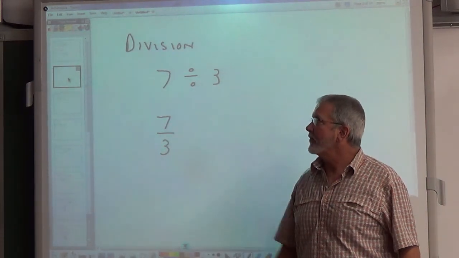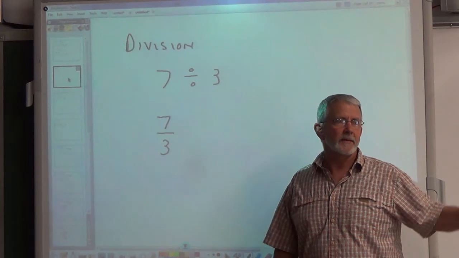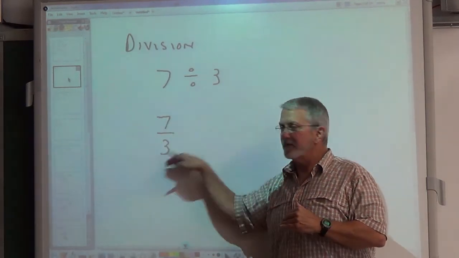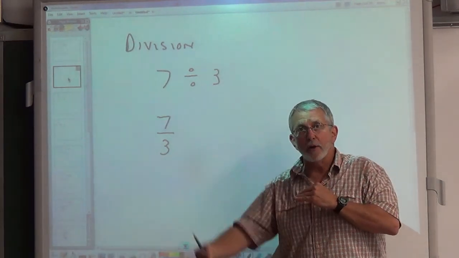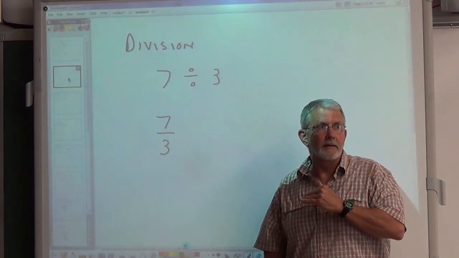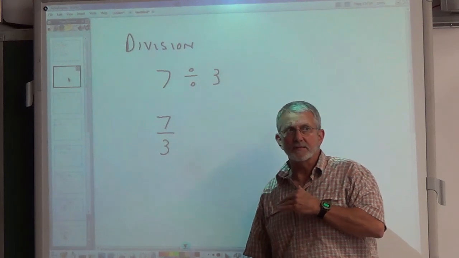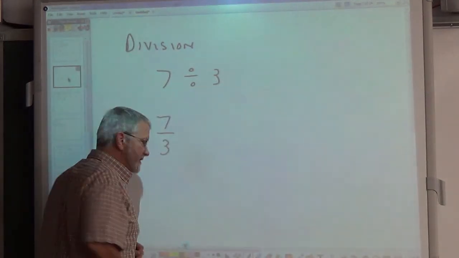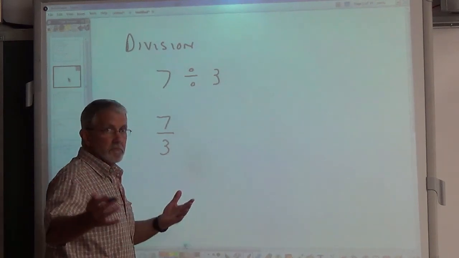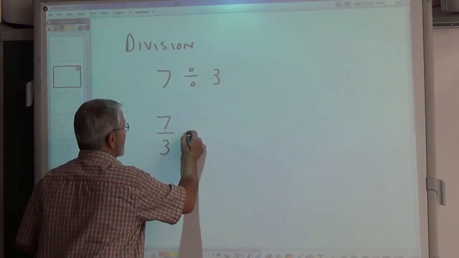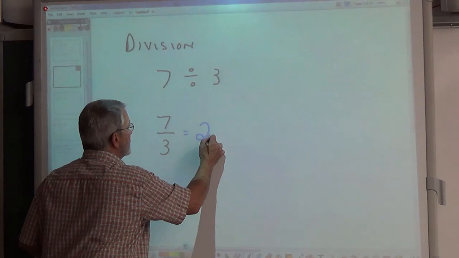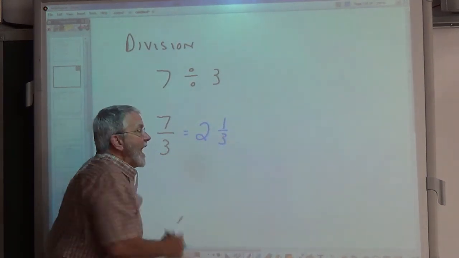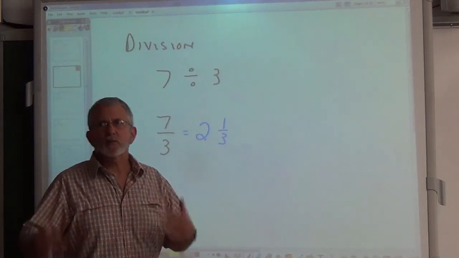I'm going to start with a very easy one, real number division, and then end up with some algebraic division of polynomials. But we all know what 7/3 is. We learned that a long time ago. 7/3 is 2 and 1/3.